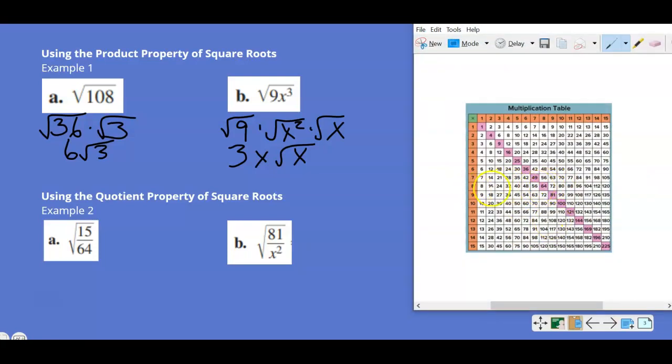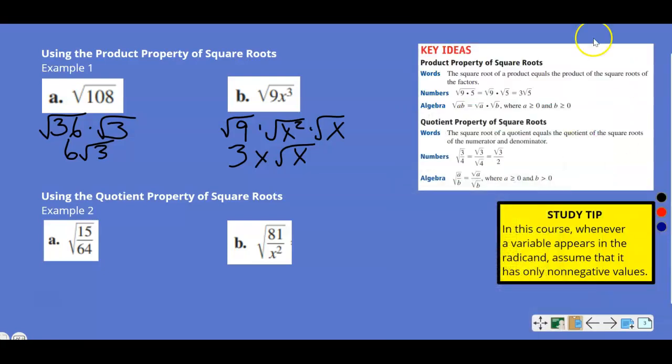It is. 8 times 8 is 64. Again, you should have these multiplication tables memorized, but if you don't, you have to be able to see these numbers. So until you get familiar with those, go ahead and reference the chart, but make sure you're practicing those so that it gets easier without the chart, because on the EOC and moving forward in other classes, you're not going to have that chart.